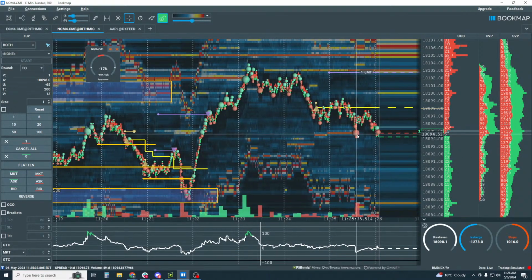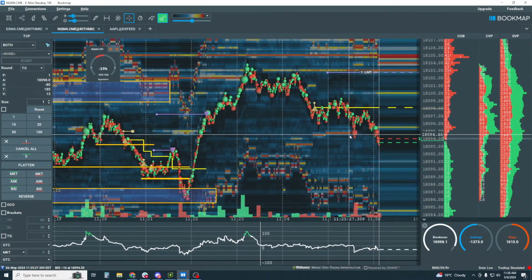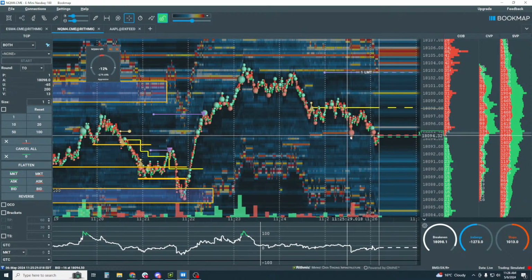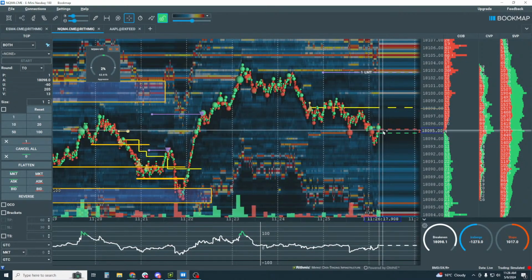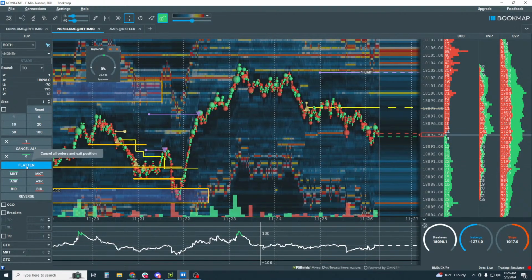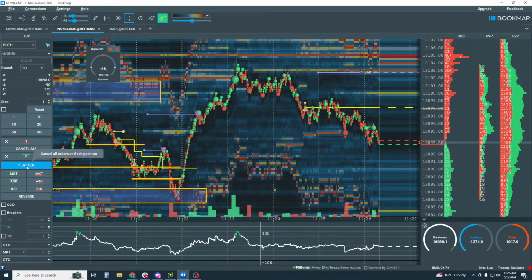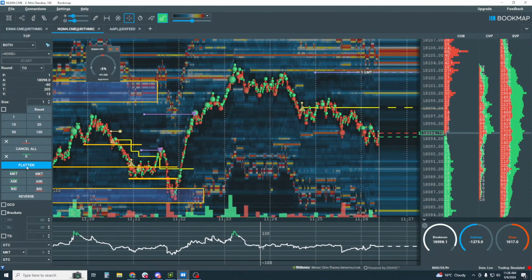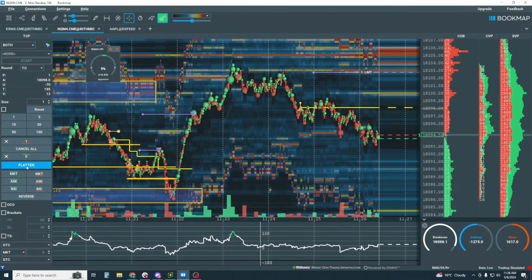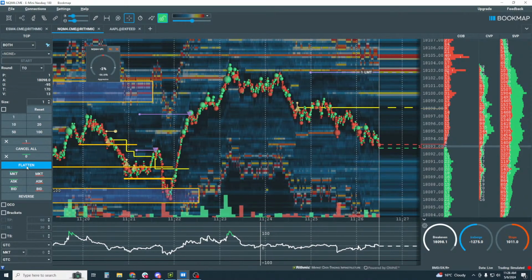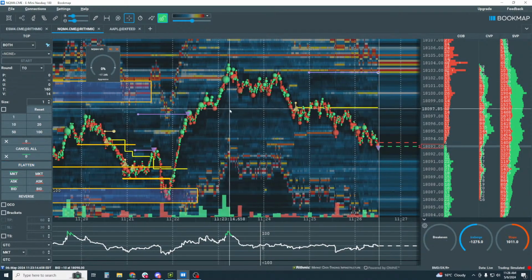Okay, back down to this swing here, 94, 95. Got to see rejection here, else we're going to hit the exit button. We're going to flatten. Yeah, we're just going to get out.